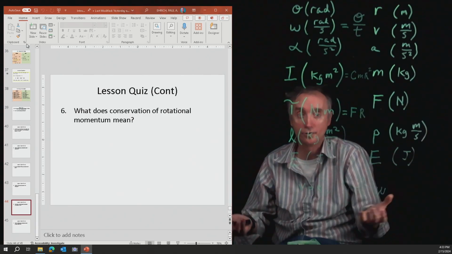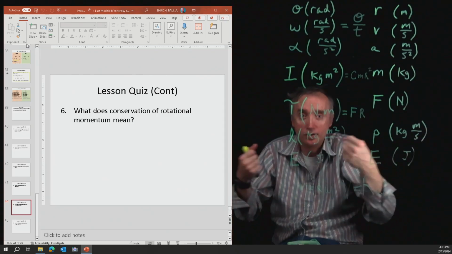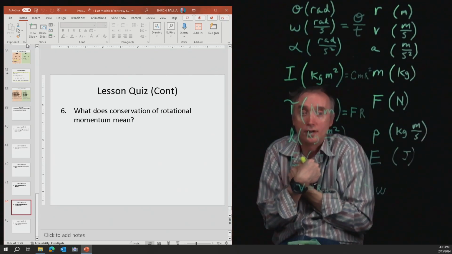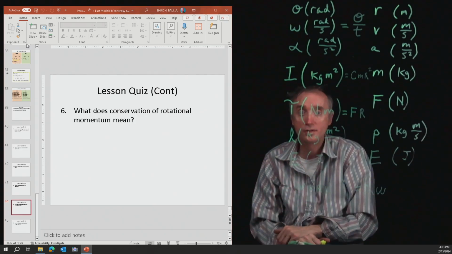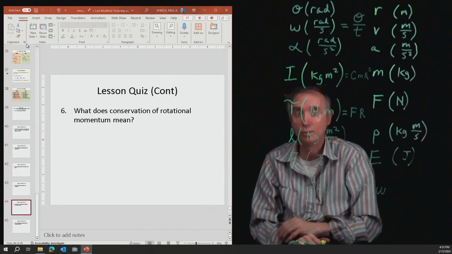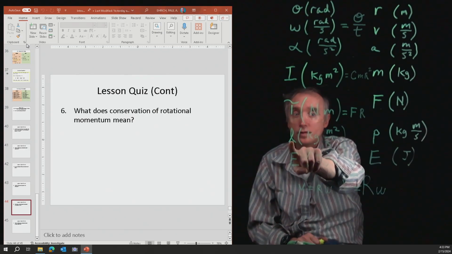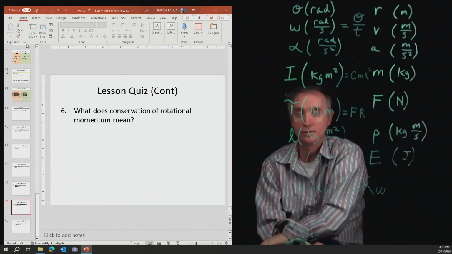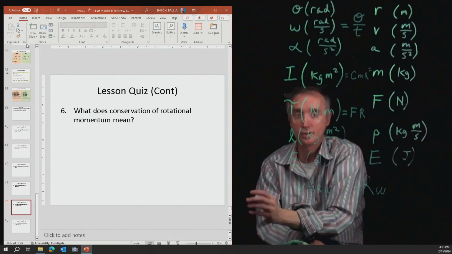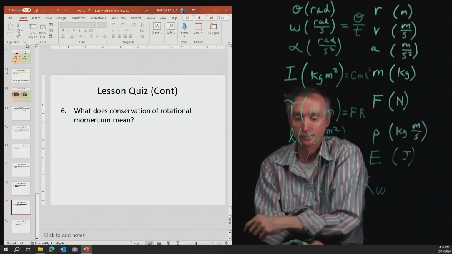Let's say it's 100. Okay, when you bring in your arms, you could calculate your angular momentum, and it would turn out to be the same number, 100. So whatever momentum you start with, that's the momentum you have to end with. So that's conservation of momentum.